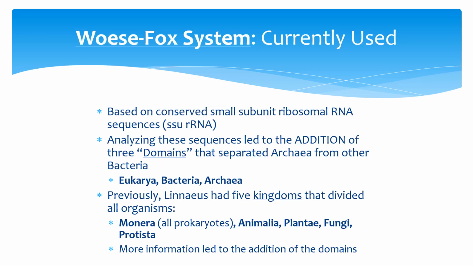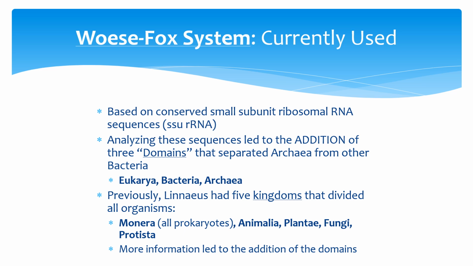Despite what I've shown you before, it's actually an updated version of the Linnaean system of hierarchy, and now we use the Woese-Fox system. This is the more updated version of Carl Linnaeus's classification system. The big thing that I want you to get here is that we've updated it. Prior to this, we did not have archaea separate from bacteria, but now we have it separated.